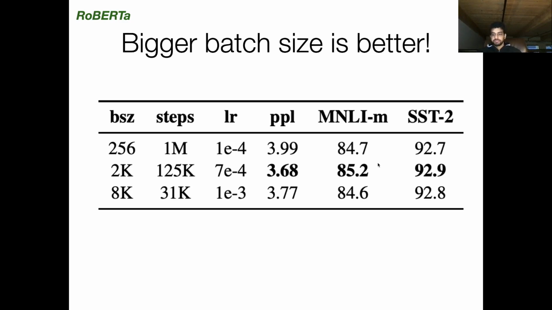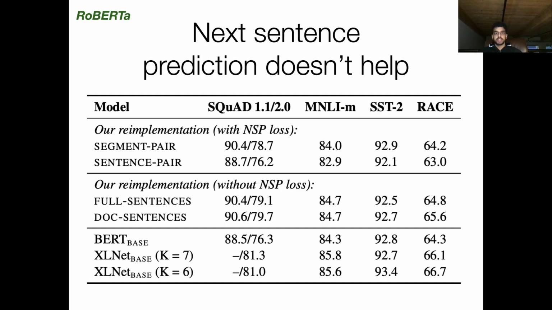You'll see that the results aren't super conclusive, but it looks like using a batch size of 2000 yields the best performance. Maybe these results aren't that impressive, but overall, at this scale, even an improvement of less than a point is kind of significant. So increase batch size, that's the first thing.